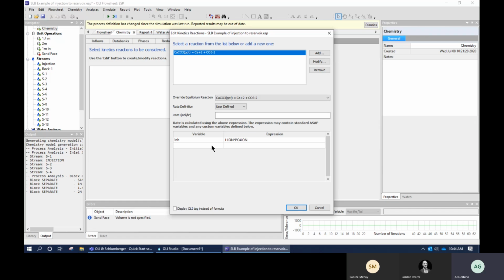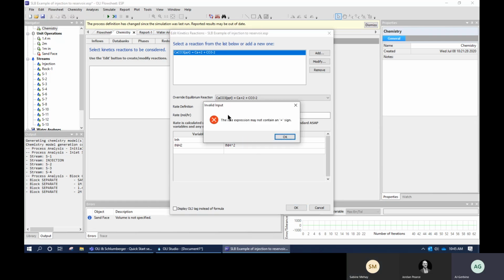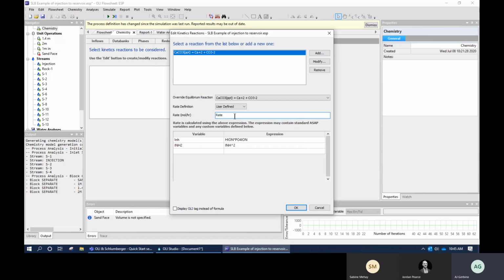None of this stuff is in there, but I'm saying PO4 is like a scale inhibitor. And then I can say that ion H2 is then equal to ion H squared or something like that. And then I can write the rest of my reaction down here. But the point is, you can either do it based upon an Arrhenius type expression, or you can create your own. And then you can say that here the rate is equal to, oops, I did it wrong.